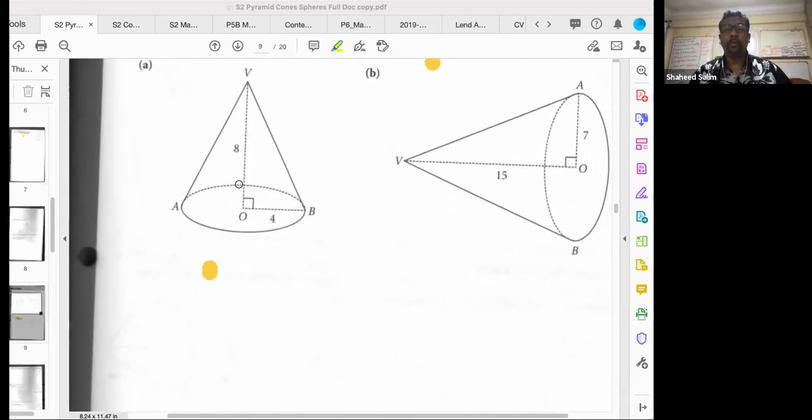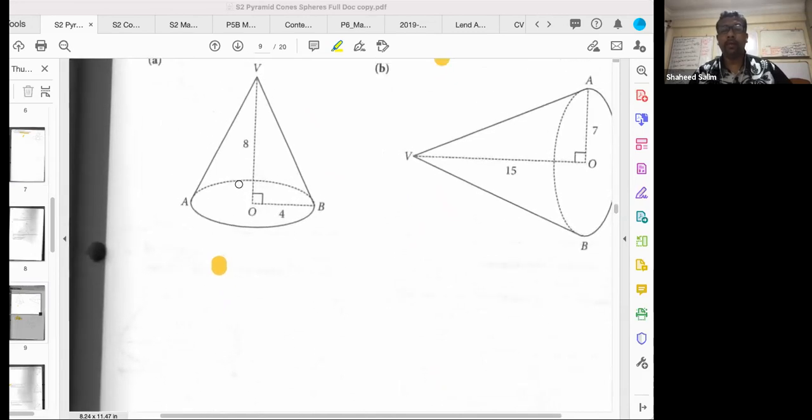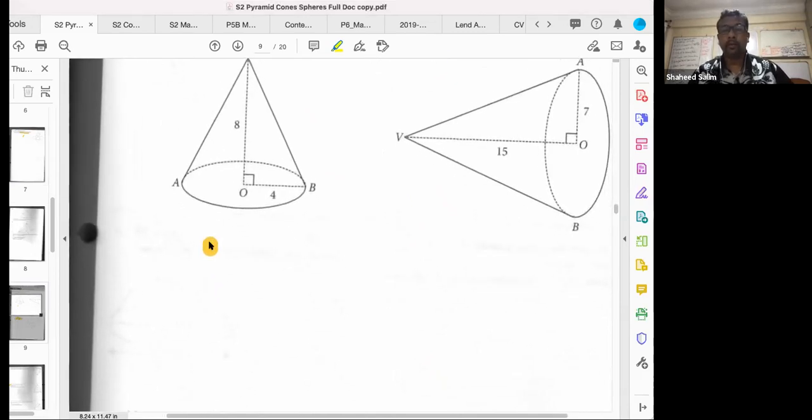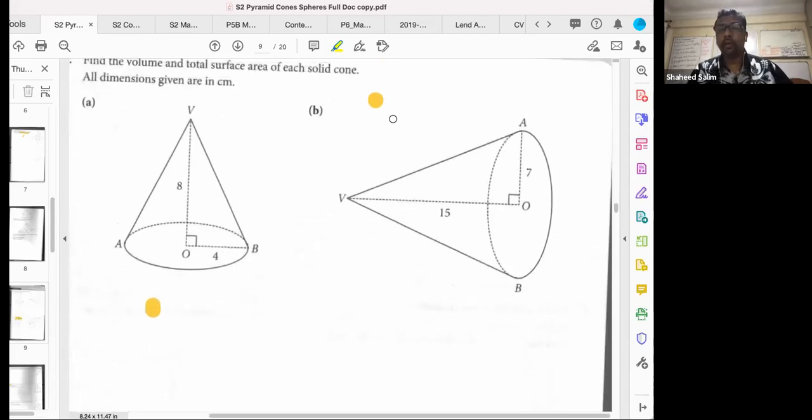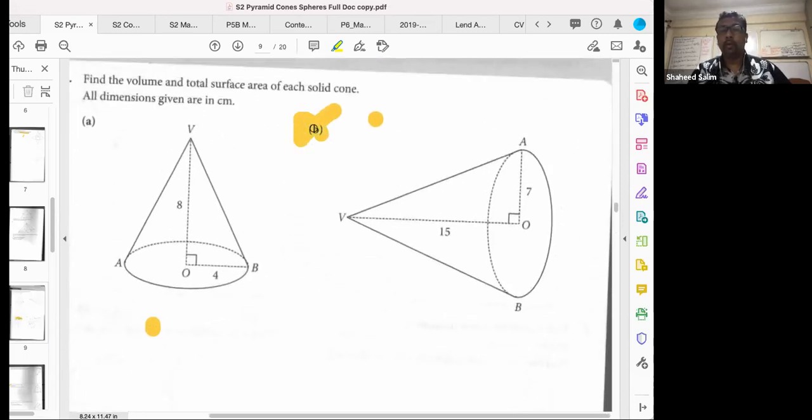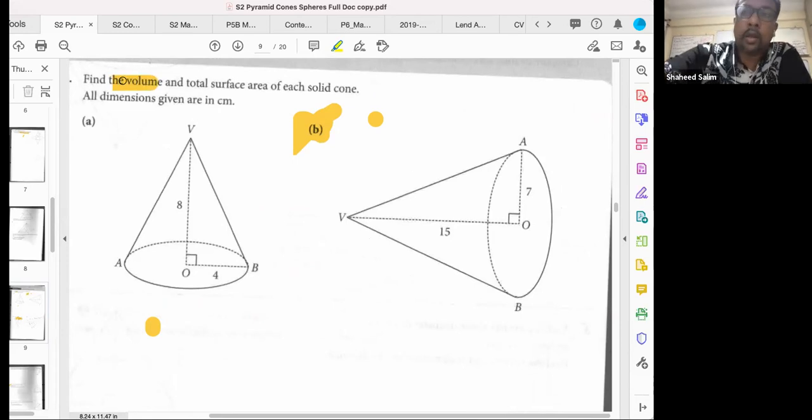Okay, cones now. Have we done any of this? Yes, I think we have done, but can we just try? We try question B. What's the formula for volume of cones? One third base area times height. Okay, you find volume first. Isha, please carry on.